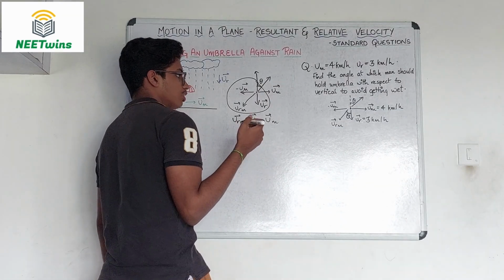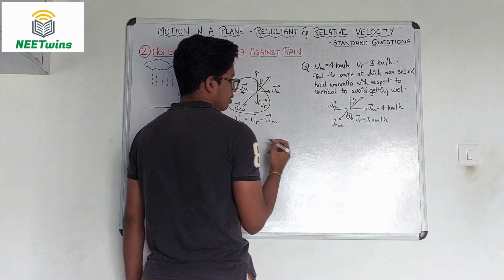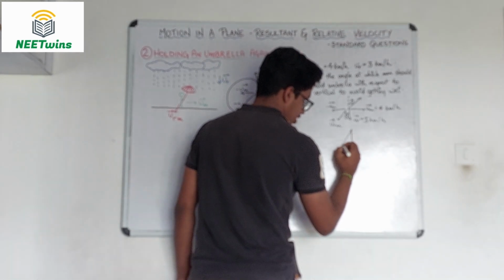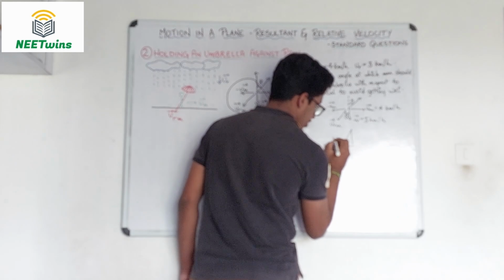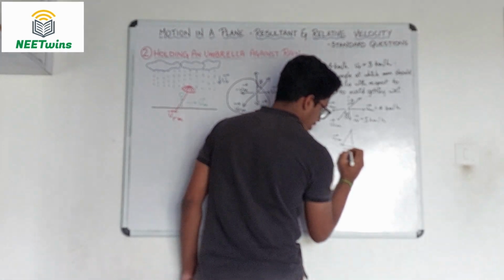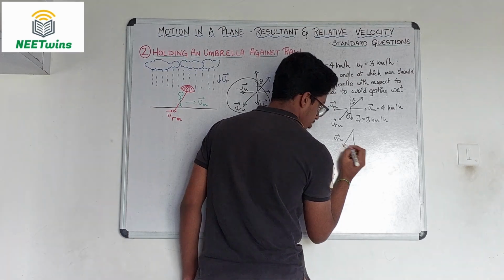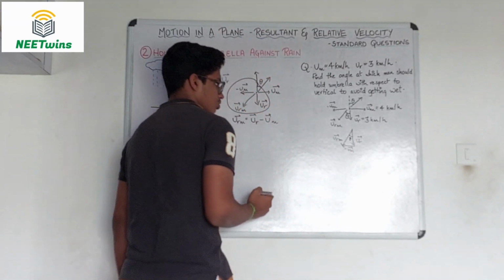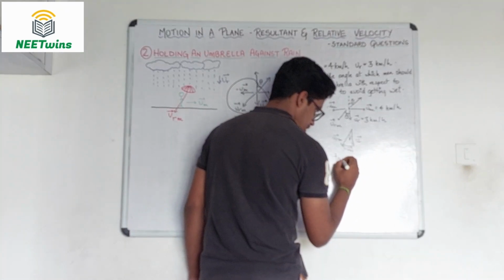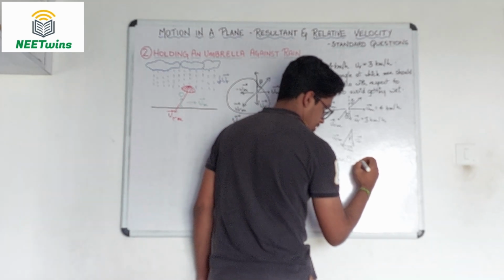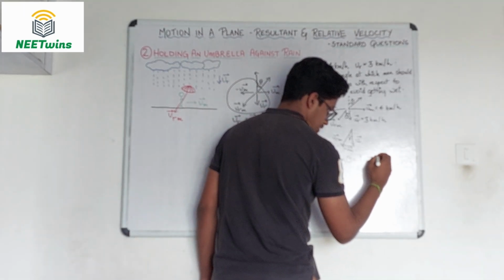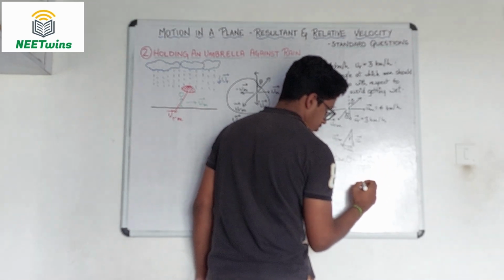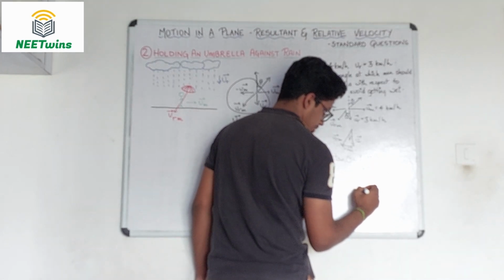So now let's find out this angle. To find out this angle, we can consider this triangle I just completed over here. This is Vrm, this is minus Vm vector this way, and this is Vr vector. This is the angle theta. So if we take tan theta, it would be magnitude of minus Vm vector divided by magnitude of Vr vector, which is equal to 4 divided by 3.